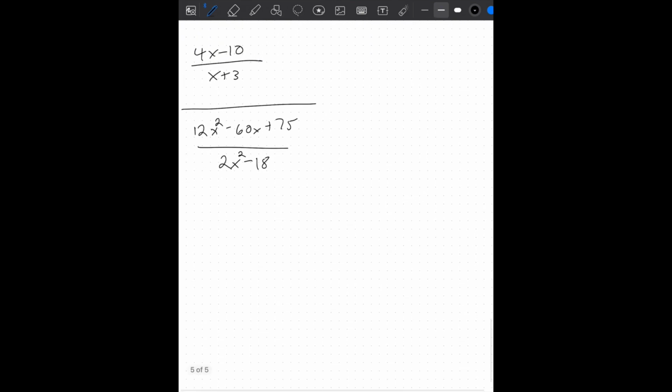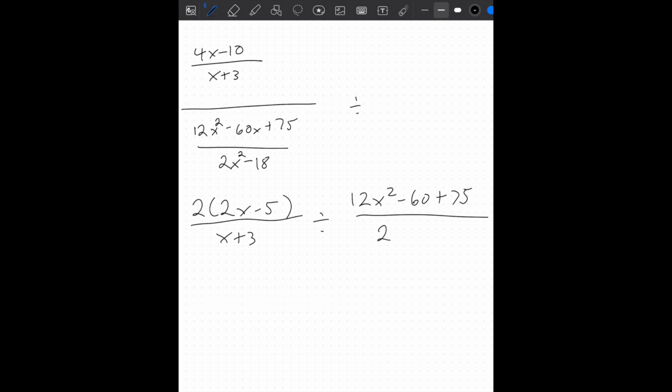Nice. Last one. So this is 4x minus 10 over x plus 3 all over this thing. So remember, that just looks intimidating, but you can just treat it as a division symbol. So you can factor out a 2, be 2x minus 5 over x plus 3 divided by 12x squared minus 60x plus 75 all over 2x.